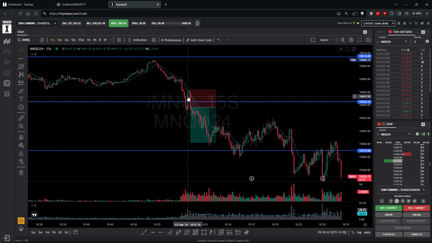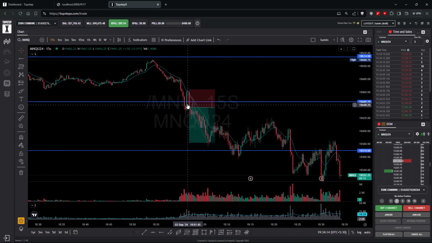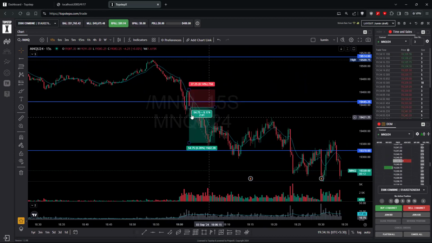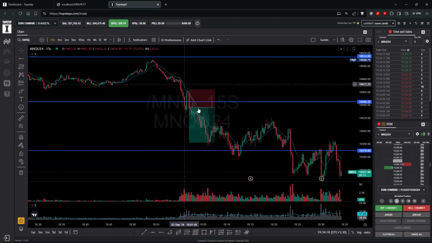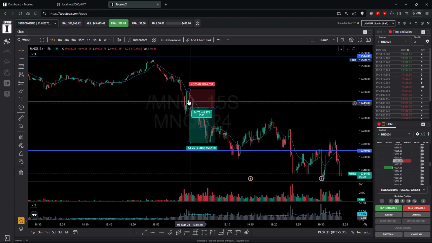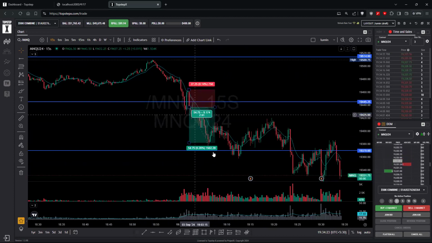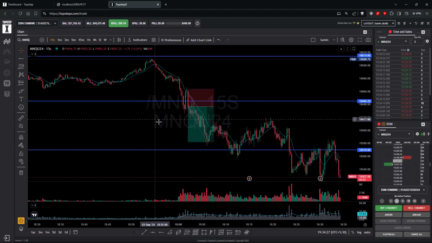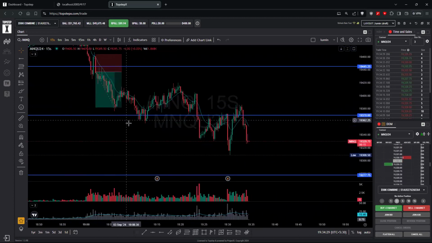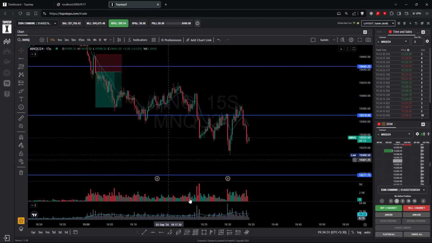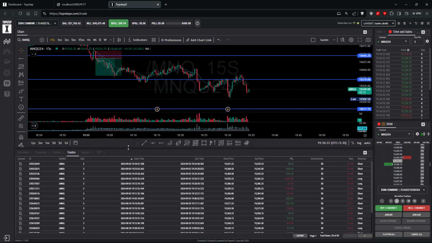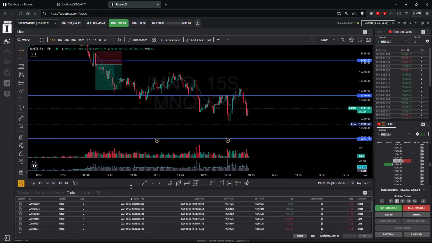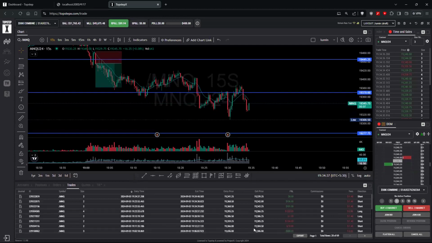There was pretty good volume and a breakdown of this hourly level, and my risk reward was managed, so this was a pretty good entry. I got the 2 hour on this trade itself, and I got 300 on that one.